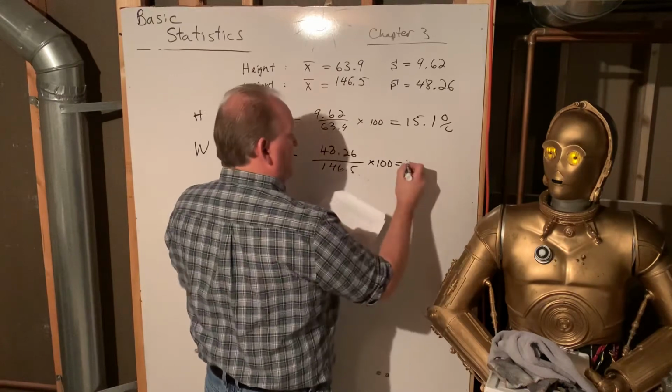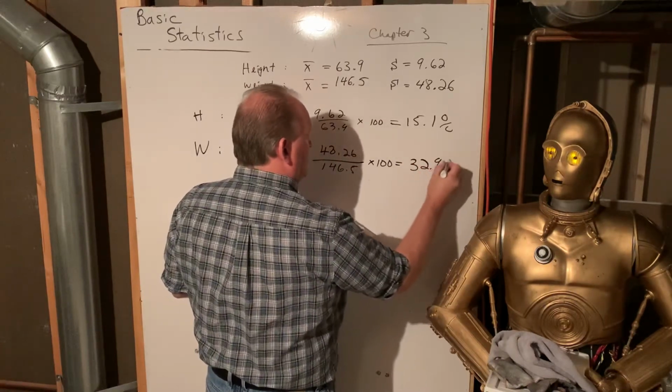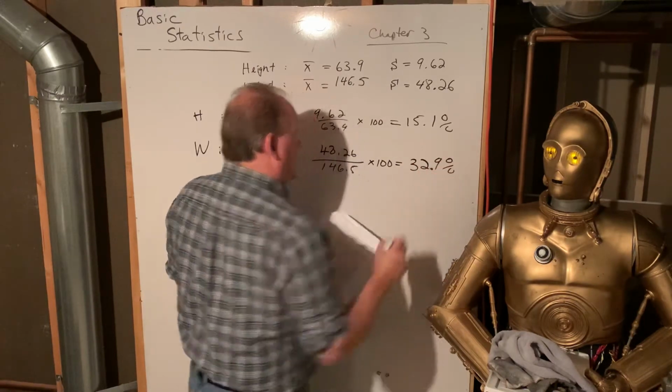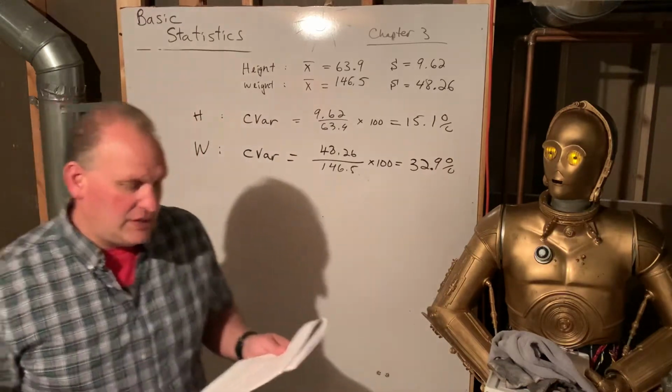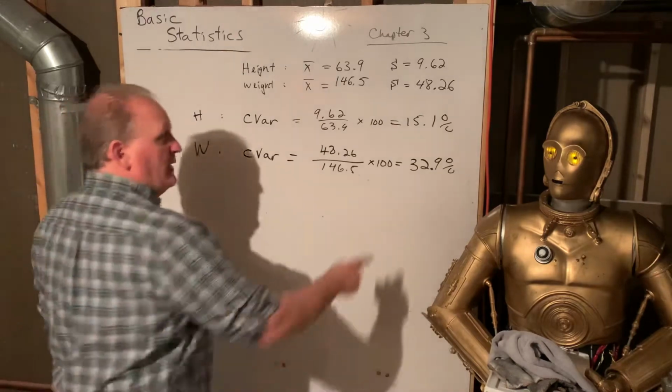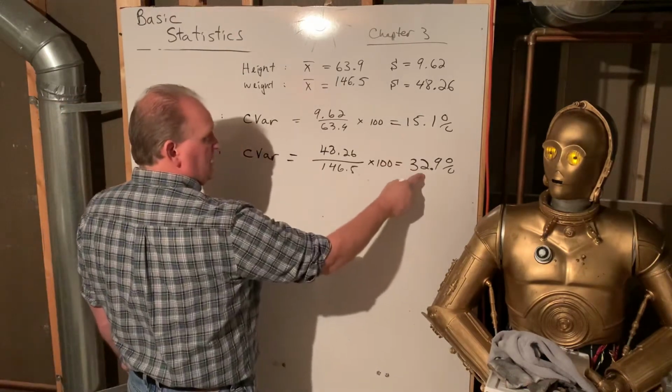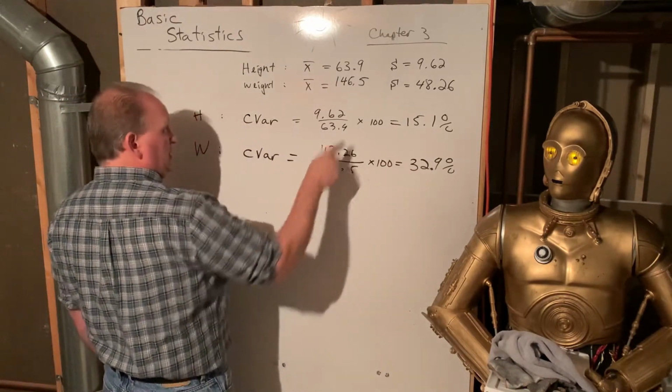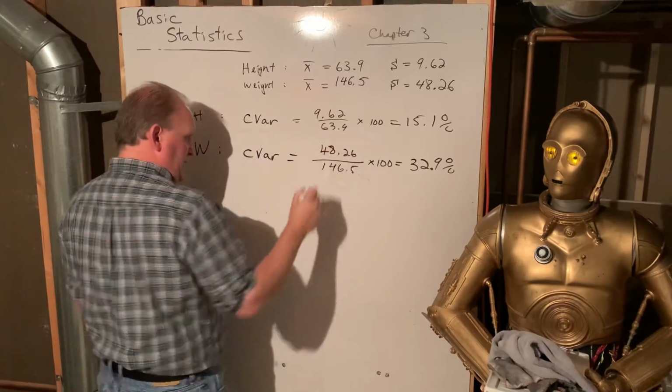And that's 32.9%. And so if I asked which one is more variable, that would be weight. Weight is almost double the percent, right? So this one is more variable. Weight is more variable than height.